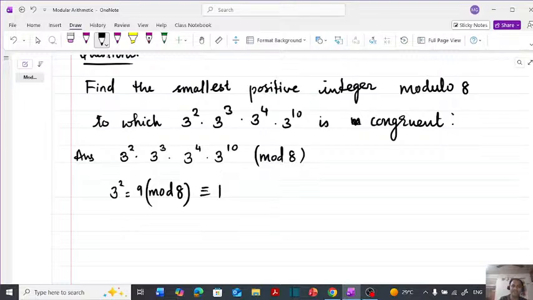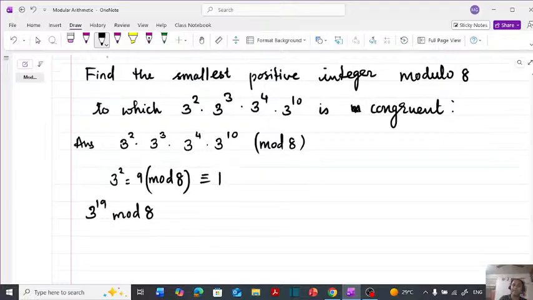Alright. So any further powers are going to behave like that. So let us just see what is the total of the powers. So total of the power is 2 plus 3 plus 4 plus 10, that is 19. 3 raised to 19 modulo 8 is being asked.